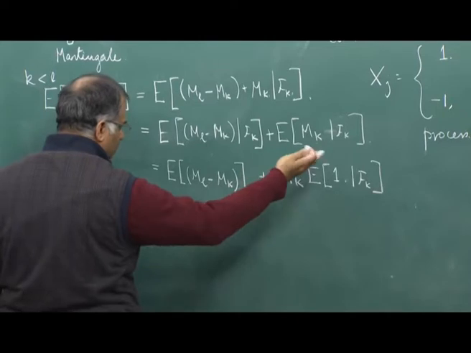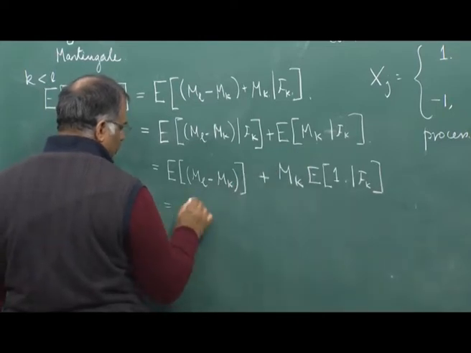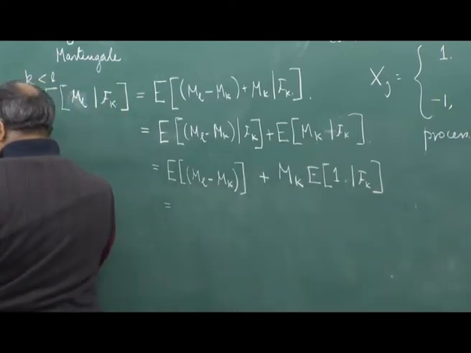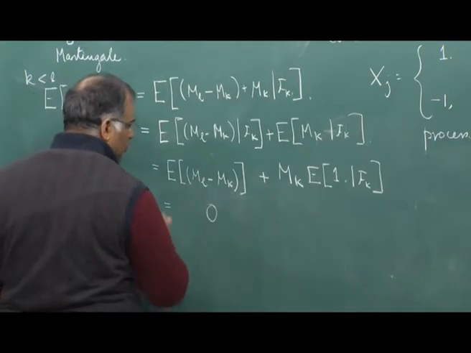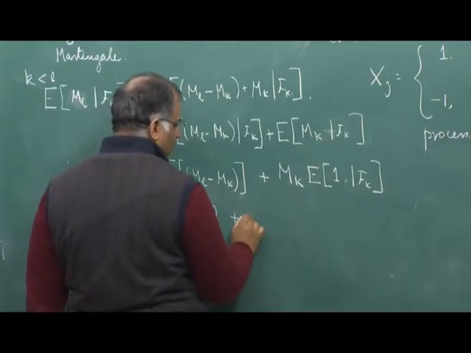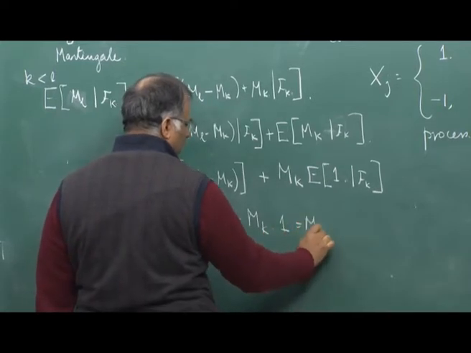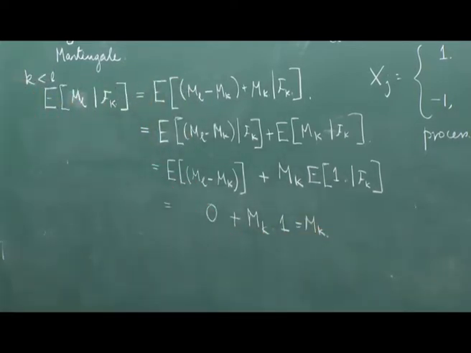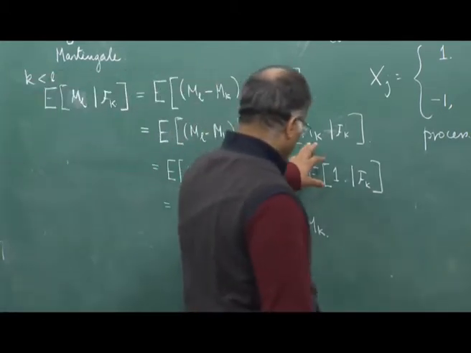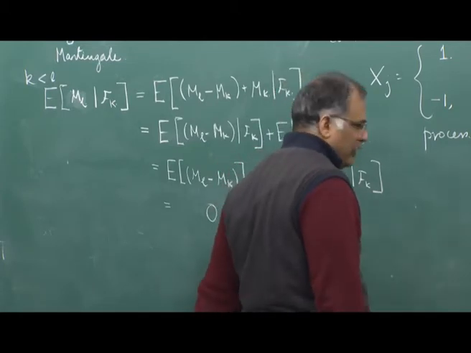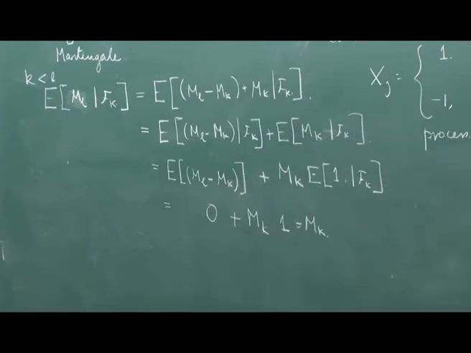So, this again is 0, which we already know, plus Mk into 1, which is Mk, and so this shows that this symmetric random walk forms a discrete martingale. Of course, Mk has to be adapted to this filtration, that is the basic definition of a martingale.